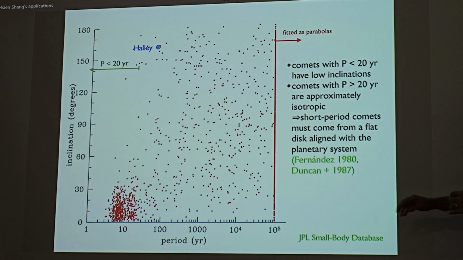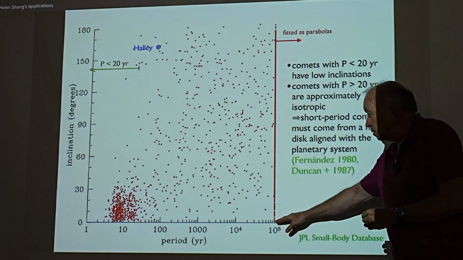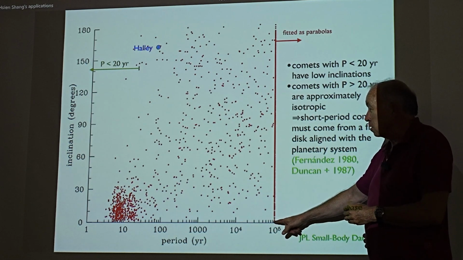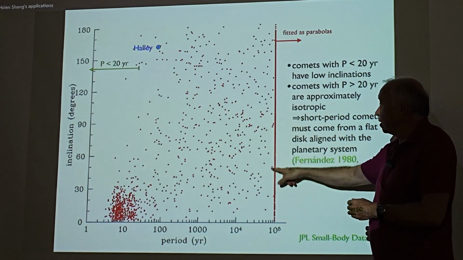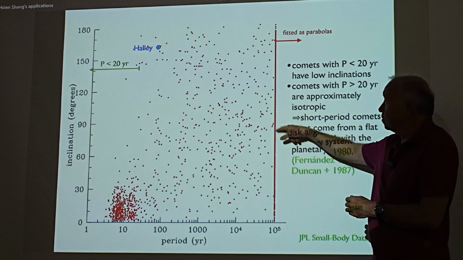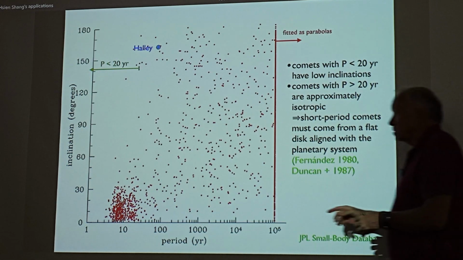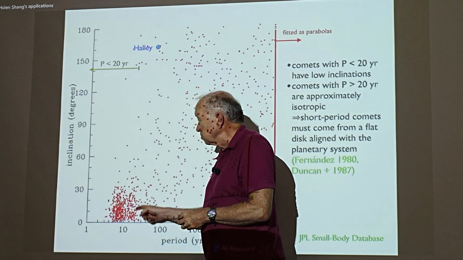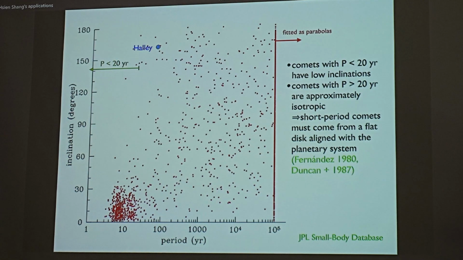There are many comets with very long orbital periods, and rather than leave them off this plot, they've all simply been plotted at an orbital period of 10 to the 5th years, which is the reason for this line of dots here. Apart from that, the most prominent feature is this cloud of cometary orbits at periods of less than about 20 years and at low inclinations.